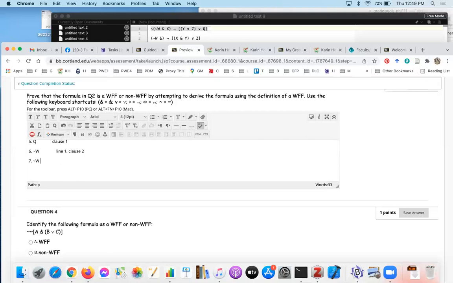Not W ampersand X. Now, again, this is a place where technically I should have parentheses on this. But the parentheses at the moment aren't doing anything. It makes no logical difference if they're there or they're not.